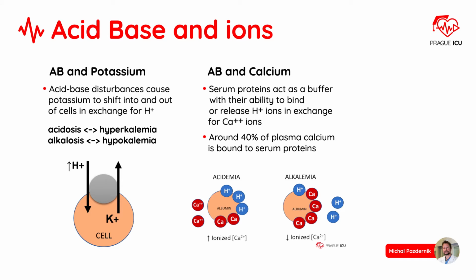With regards to calcium, serum proteins act as a buffer with their ability to bind or release hydrogen ions in exchange for calcium ions. Around 40% of plasma calcium is bound to serum proteins. In acidemia, we observe elevated levels of ionized calcium, and in contrast, in alkalosis, there is a decreased level of calcium.